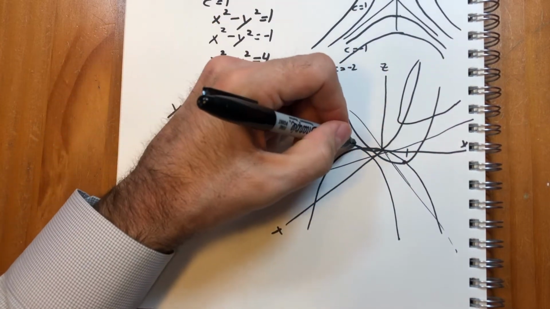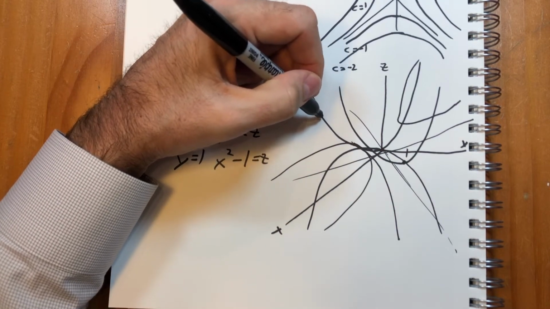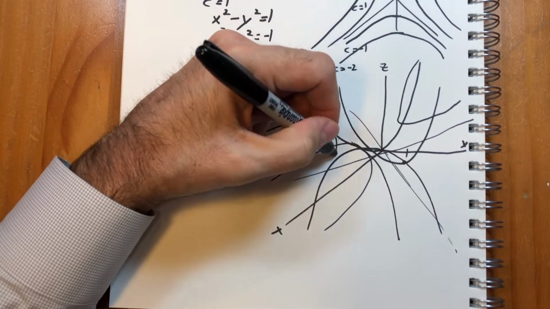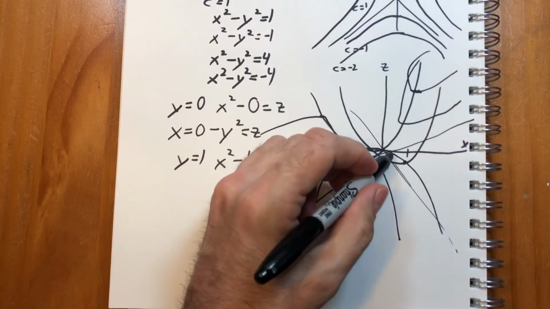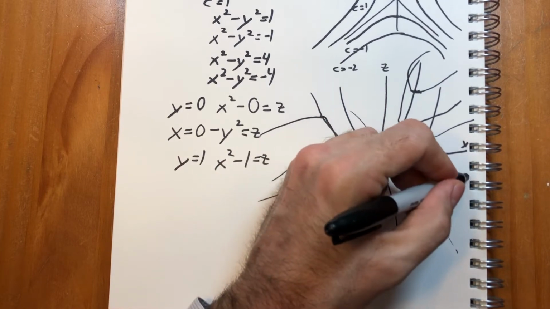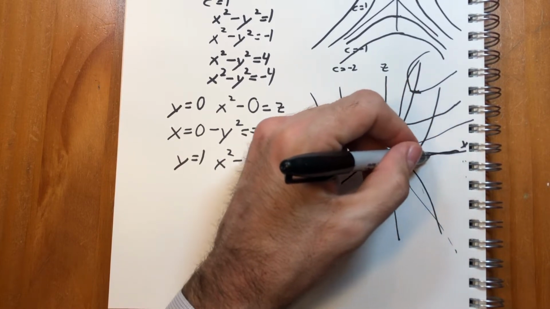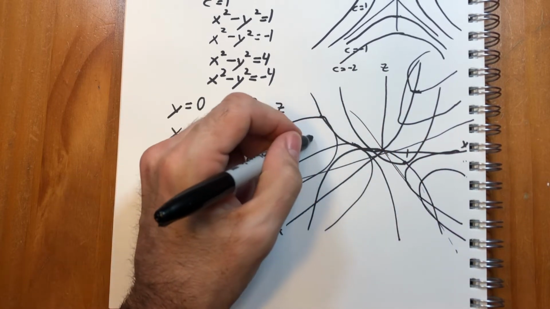And then that was a terrible line. It should go this way. And then at 2, it's the same thing. It comes out this way. And at 2 here, it goes up that way. And then going down this way, at z equals negative 1, it's a hyperbola coming across like this, and then another one even lower. And same over here.